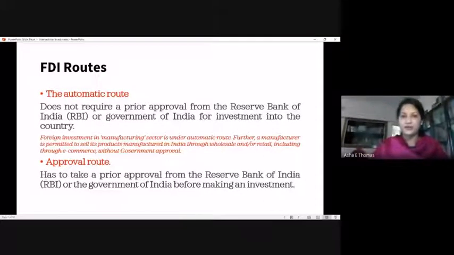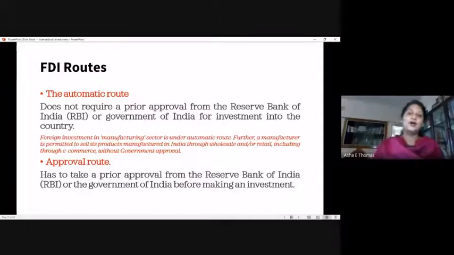The FDI routes, as you can see in front of you, can be classified into two. One is the automatic route, another one is the approval route. As the name says, the automatic route is where there are fewer restrictions. A foreign company can immediately enter the market, set up their business and go about doing their business.